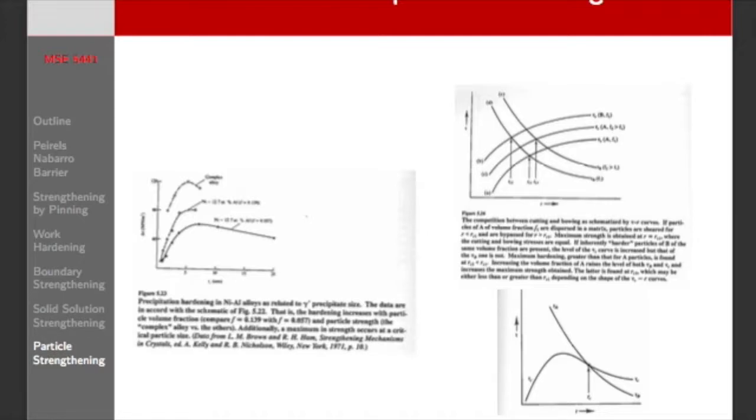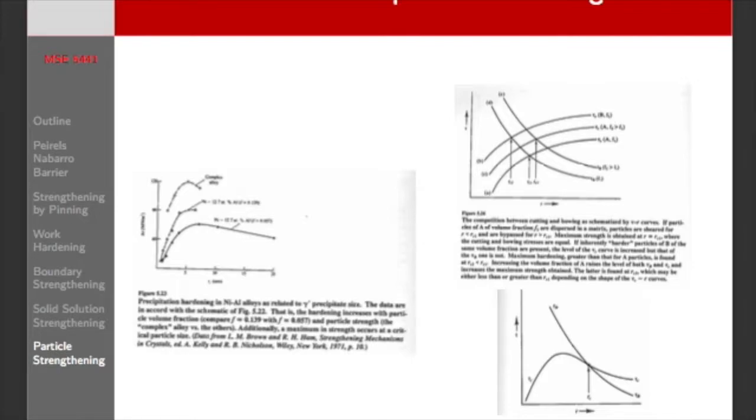Because it's going to operate on whichever one is easiest. If it's easier to shear, it's going to shear. If it's easier to bow, it's always going to bow. Nature will find the minimum energy, so you want to make that minimum energy as difficult as possible to attain.